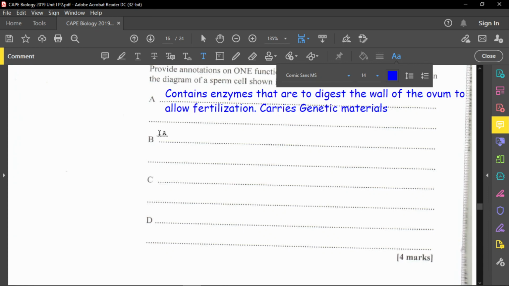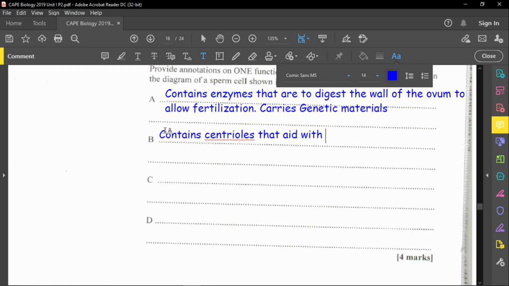But I want to mention it pertaining to the sperm cell itself, because it's talking about the function of the sperm. So it contains centrioles.